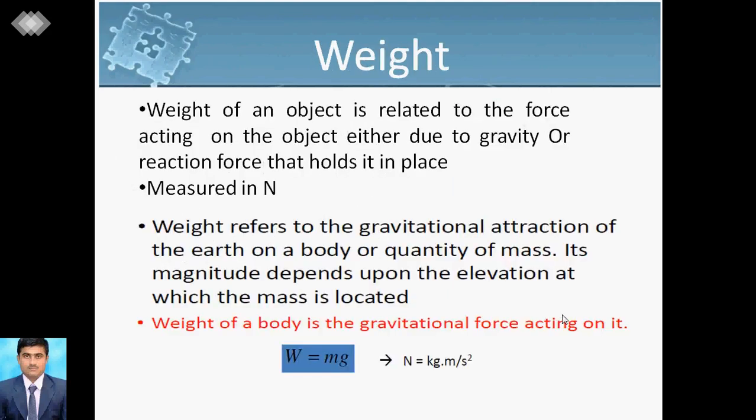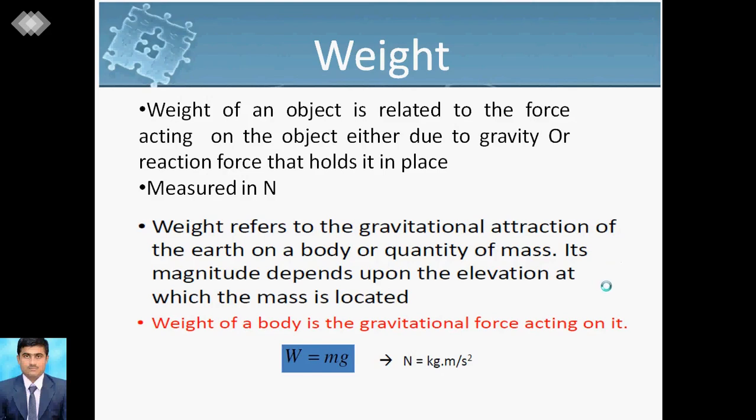The next slide indicates the weight. So as you know, weight is nothing but mass into gravity. So here the weight of the object is related to the force acting on the object due to gravity, right? So here the weight refers to the gravitational force on the earth surface.